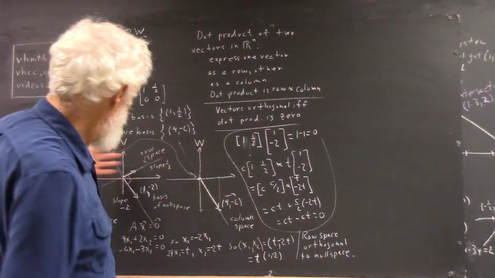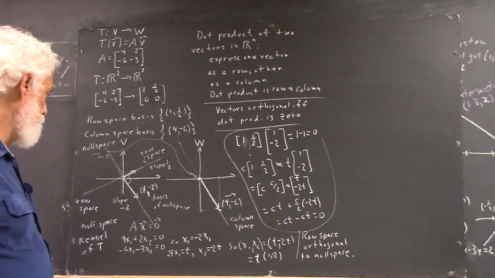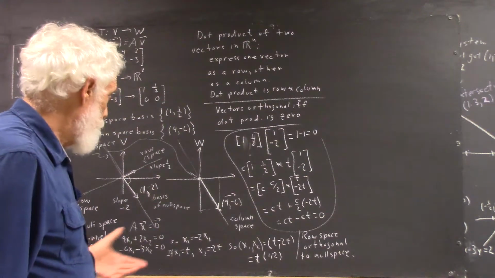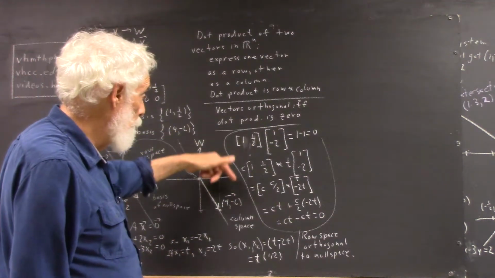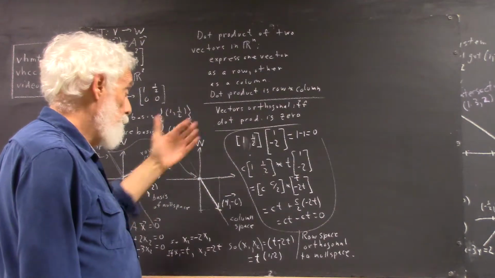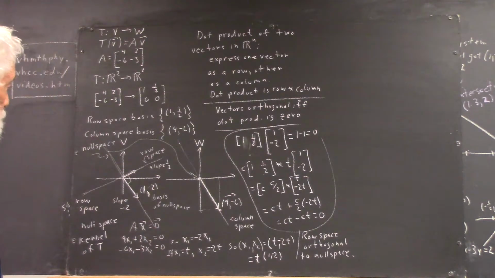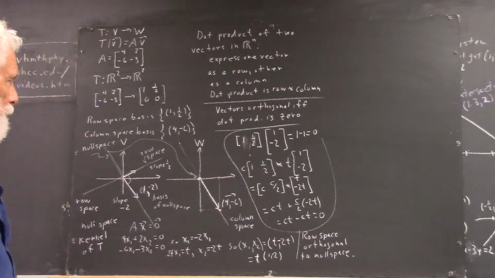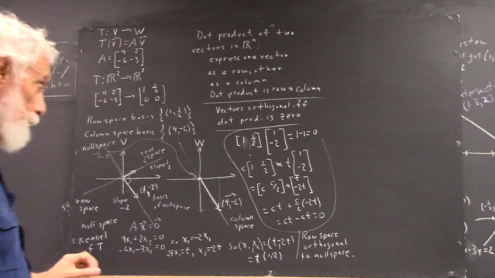Does it have any relation to the row space and null space? Well, it has a relationship, but it's not orthogonal. If you take the 1, 1/2 vector times the 4, -6 vector, you get 4 minus 3, which is 1. It's certainly not orthogonal to the row space. And if you do the same thing with the column space, it's even less orthogonal. Matter of fact, it's more or less in the same direction, but not exactly.